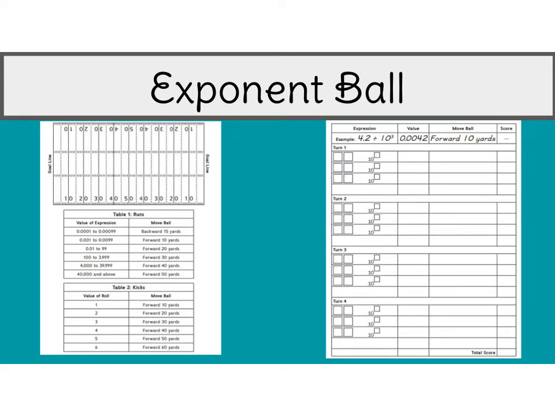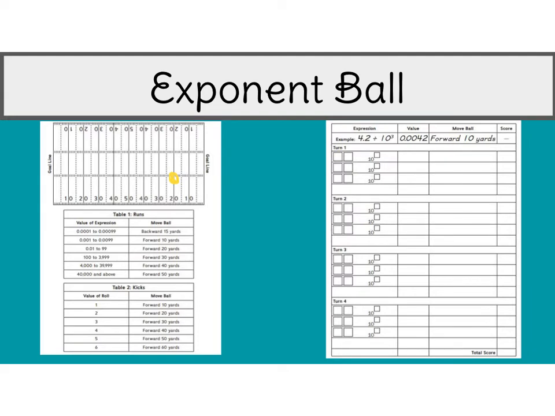Each player is going to have 4 chances to advance their ball to the opposite goal line and score. Player 1 first places their ball or their counter on one of the 20-yard lines. So if I am player 1, I'm going to place my ball somewhere here on a 20-yard line.